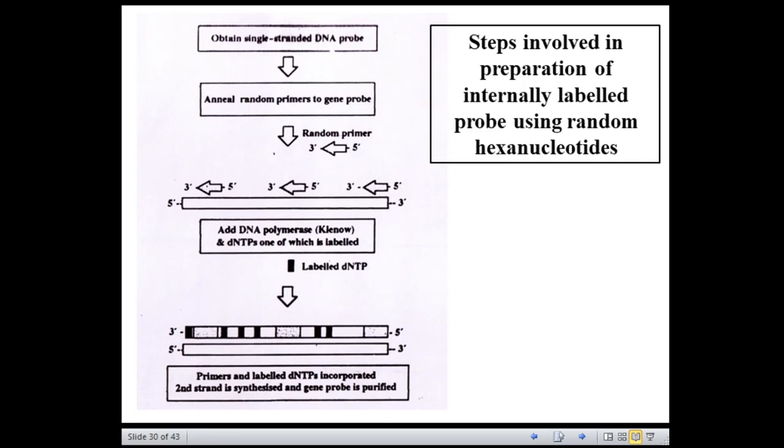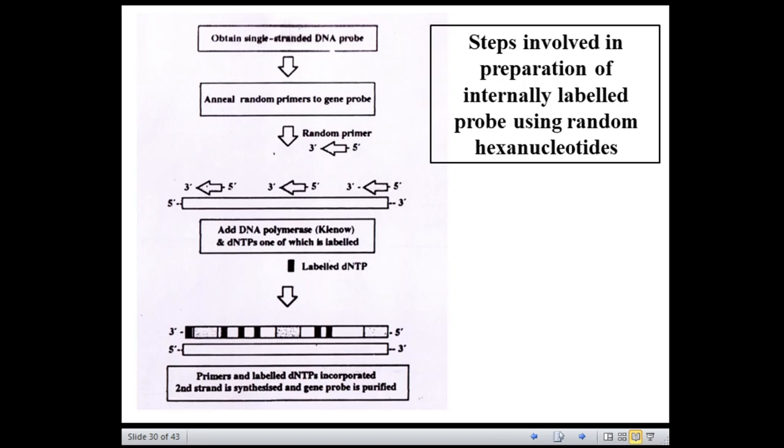It is a factor of chance. These hexamers will by chance bind to the DNA sample when they encounter a complementary sequence, and thus the DNA will rapidly acquire an approximately random sprinkling of hexanucleotides annealed to it.